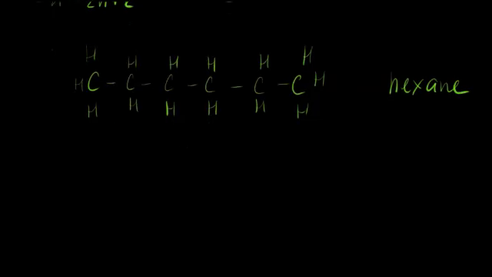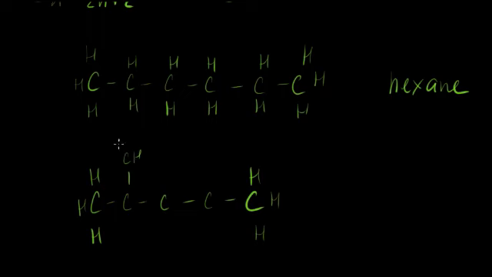Now, if we're going to deviate from hexane, we need to chop off one of the carbons and go to 5 carbons in a row. Let's put one of the carbons off this second carbon from the left.